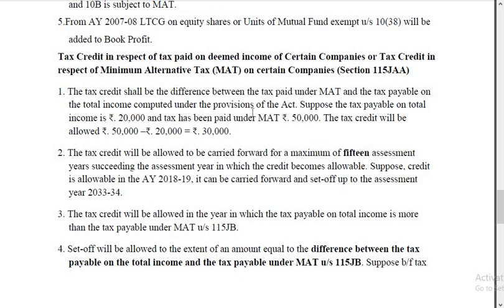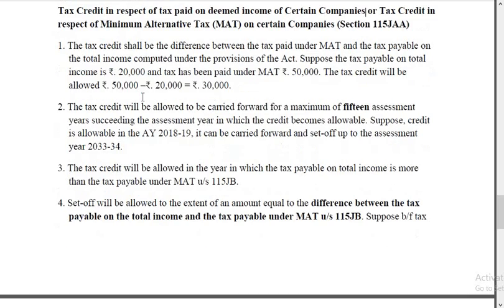Tax credit in respect of tax paid on deemed income of certain companies, and tax credit in respect of minimum alternate tax on certain companies under section 115JAA. This is regarding applicability of MAT, an explanation of whatever we have already learnt.